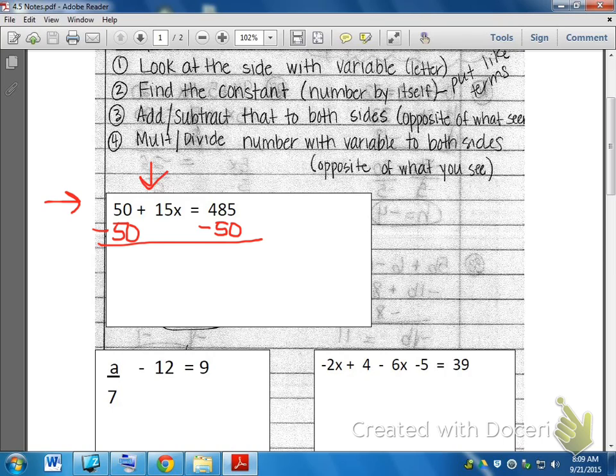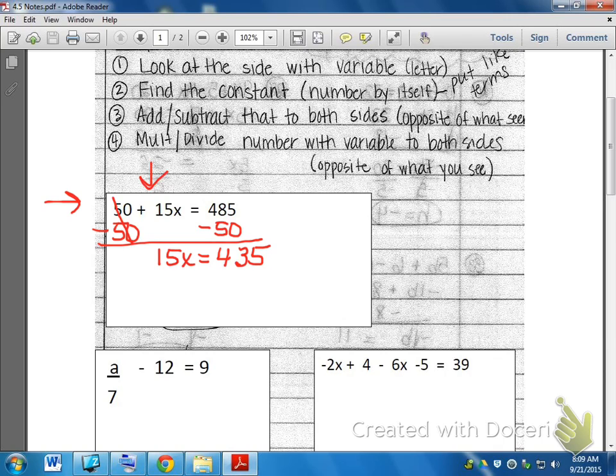So the 50 minus 50 goes away. Bring down the 15x. Bring down your equal sign or you'll get lost. And then Tori, what's 485 minus 50? 435. And you should recognize this as the last set of homework that we did, the one-step equation.